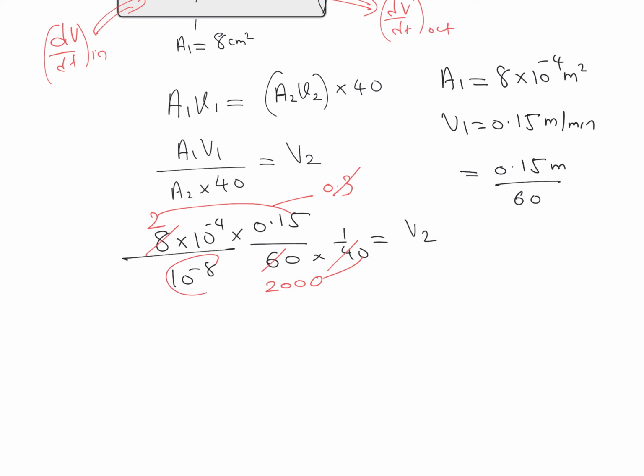And when this 10 raised to minus 8 comes to the numerator, it becomes 10 raised to plus 8. So this is something like 10,000 divided by 2000. So you can write this as 10 by 2, which is equal to 5.